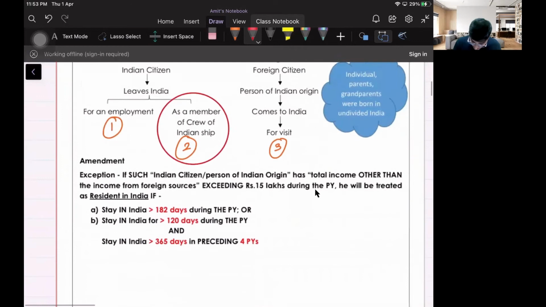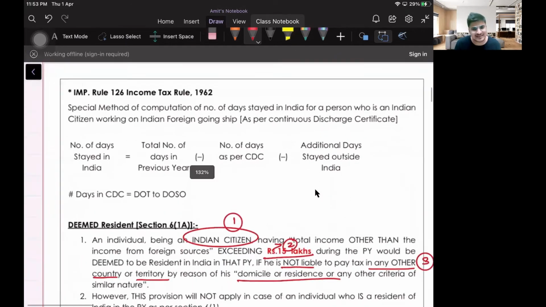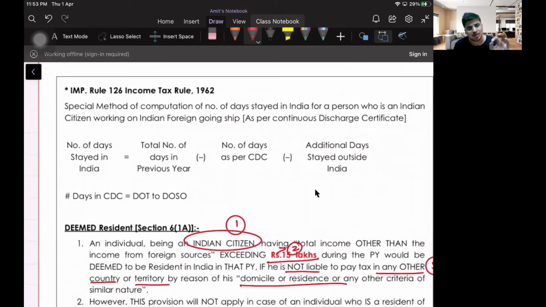So that's why they came up with this rule 126, and they say the entry date in the ship of that person as per the continuous discharge certificate. Take the entry day, take the exit day, take the entry day, take the exit day. This period of days, you will exclude from 365 days.